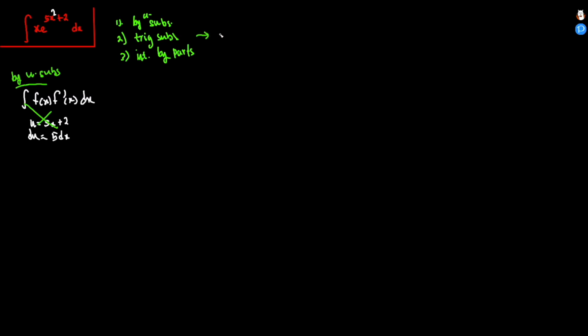For trig substitution, if you see something like x squared plus 1 or x squared plus 9, that's a good indication that trigonometric substitution could work, because this is the square of something plus the square of something, and that's equal to the square of something else, because we have a squared plus b squared equals c squared when we have a right triangle like this. Okay, so let's just try by parts.